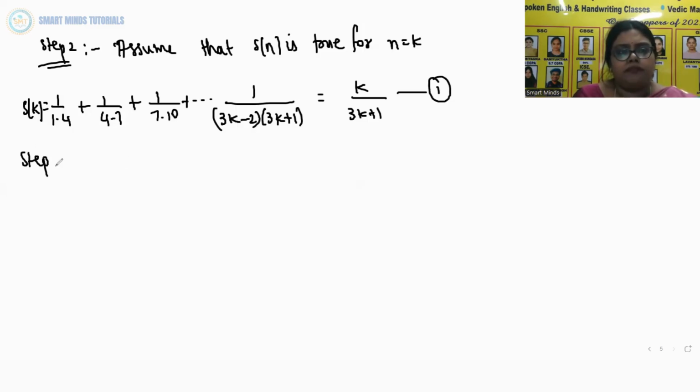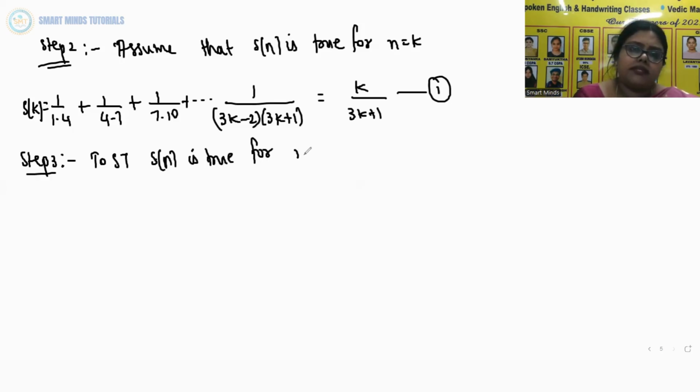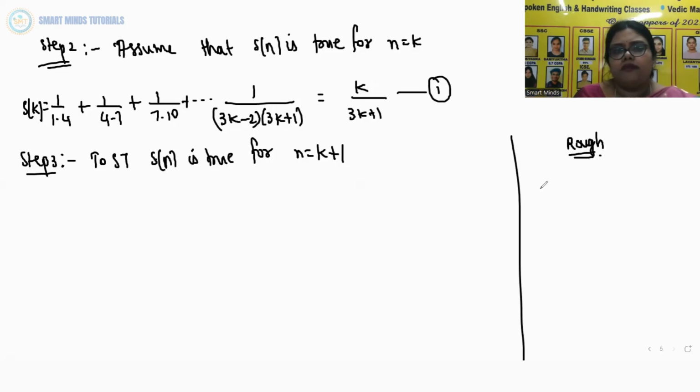Now step 3. To show that S of n is true for n is equal to k plus 1. So we need to take the rough column, and again, like how we have done in every problem, first take the nth term. So 1 by 3n minus 2 into 3n plus 1.